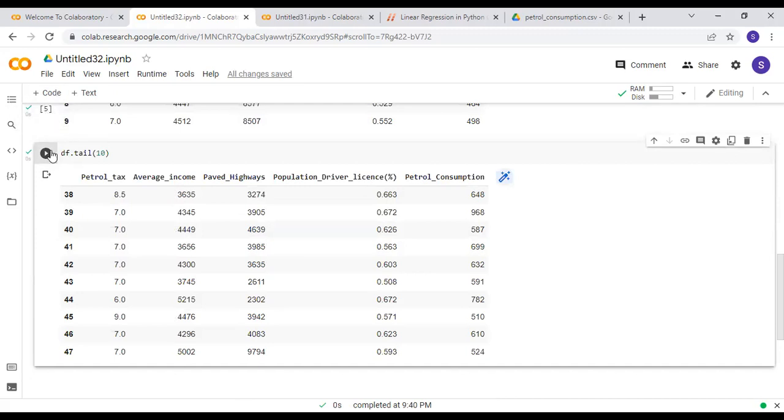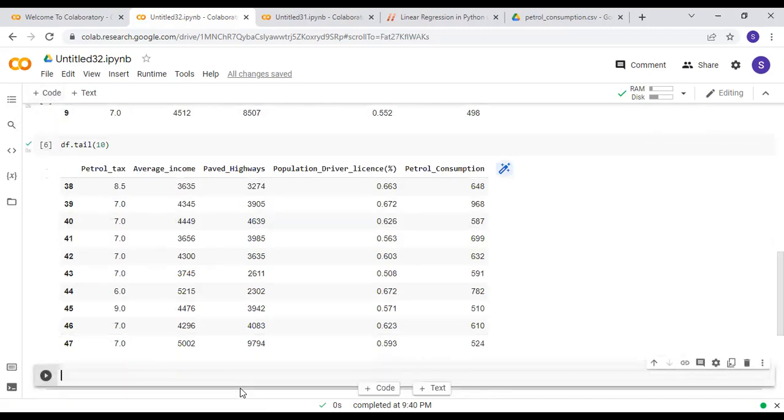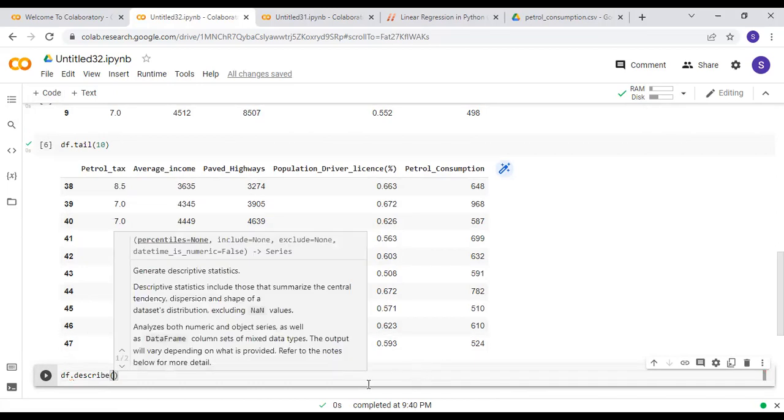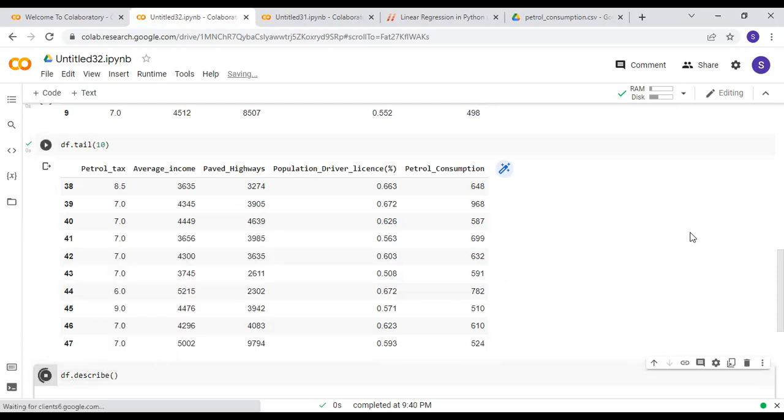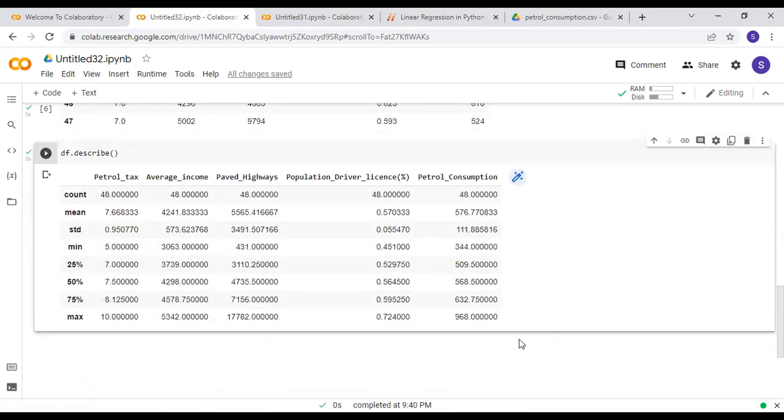Next, if I want to see the statistical details, df.describe. So these are the statistical details: count, mean, standard deviation, max.